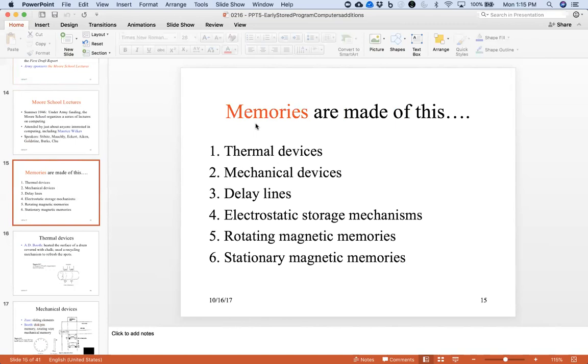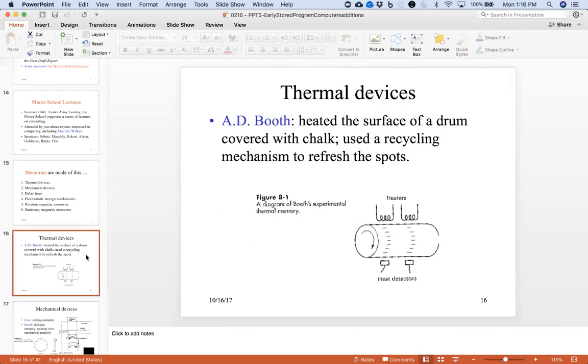You might be wondering, how does some of this stuff work actually? Here's one that's kind of interesting. This is an example of an early hard disk. Even though it says memory, it is also like a hard disk, because you're taking something that's on the device and then removing it.